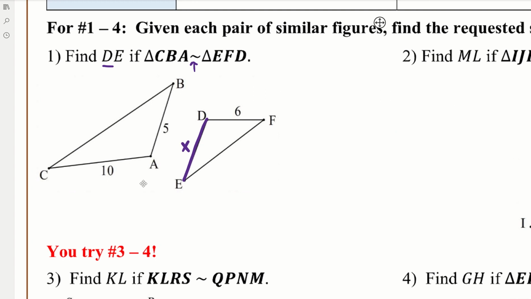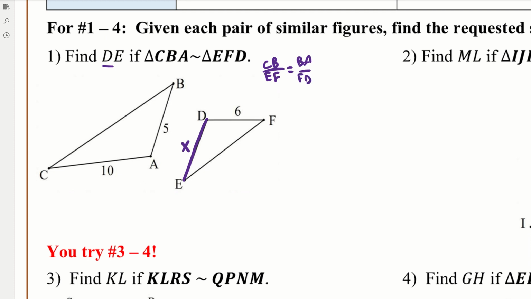So let's look at what I know here. Well, I know that the side lengths are proportional. I know that, for example, CB over EF, that ratio is going to be the same thing as BA over FD.